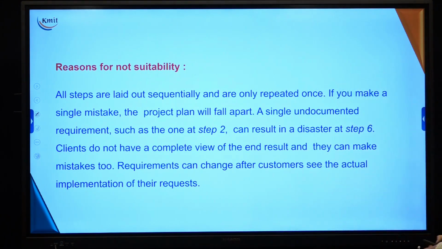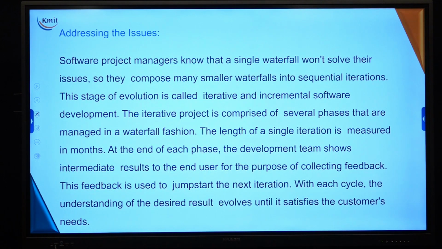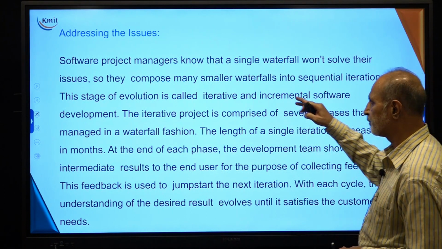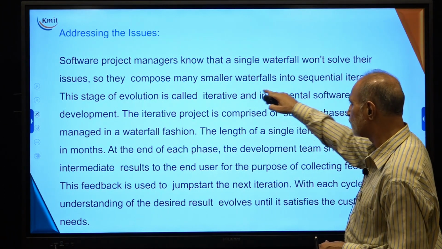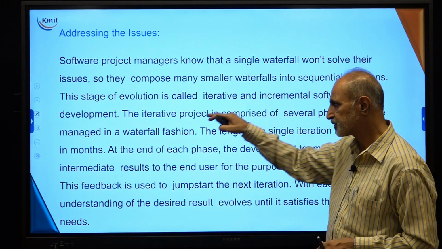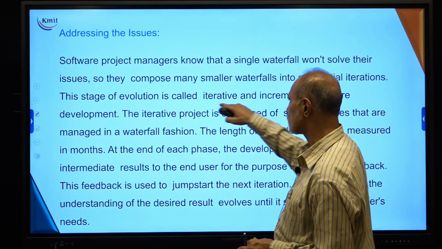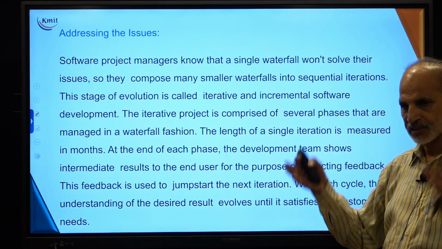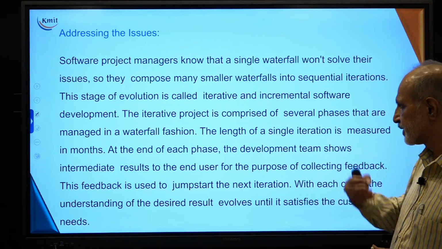So what is the next answer? The next answer is addressing the issue. Software project managers know a single waterfall won't solve the problem. So they create very small waterfall models in sequential iterations, and this stage of evolution is called iterative. I follow a smaller waterfall model within the same big model and go on iterating the process.